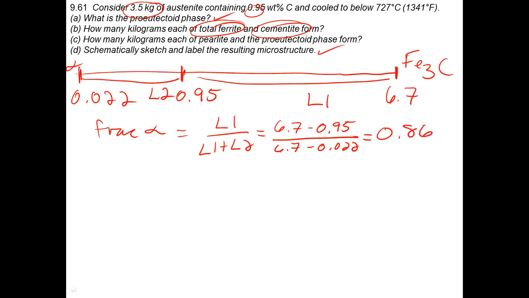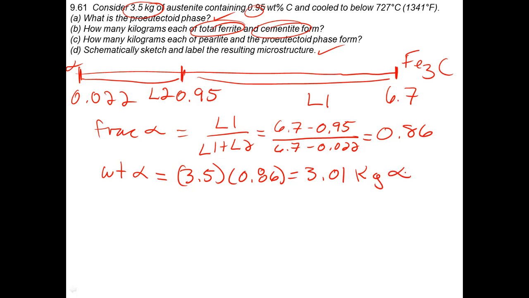Using those lengths and the values associated with them, we can calculate the fraction of total ferrite as 0.86. Now to get a weight in kilograms, we take the total system weight, 3.9, times our mass fraction amount to get a value of 3.01 kilograms of total ferrite.